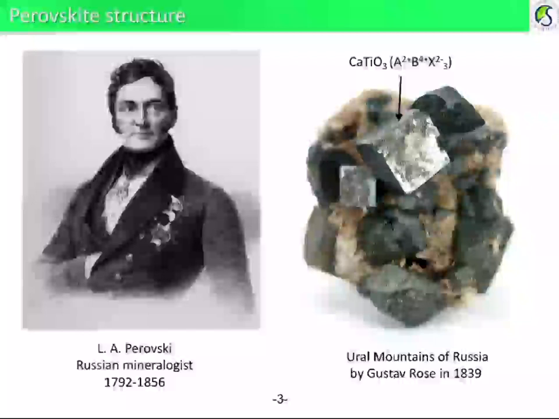The oxide perovskite was first discovered by a Russian mineralogist in the Ural Mountains in 1839. This crystal was named after Russian mineralogist L.A. Perovsky, who previously served as a Minister of Internal Affairs under Nicholas I of Russia.